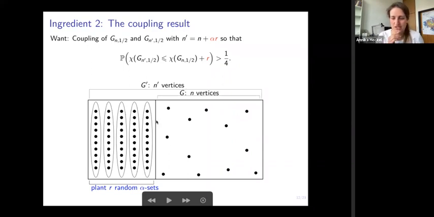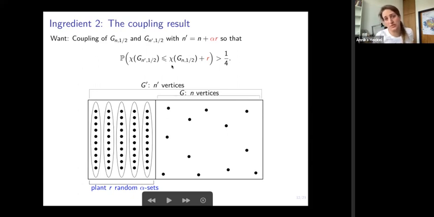We construct it by just doing the most obvious thing. You can see that the difference between n prime and n is alpha times r. So it would be very nice if we could embed a G(n,1/2) into a G(n',1/2), so that the difference can be split up into r independent sets of size alpha.